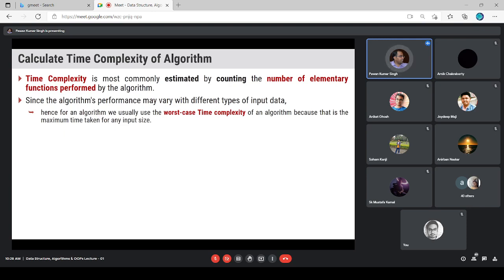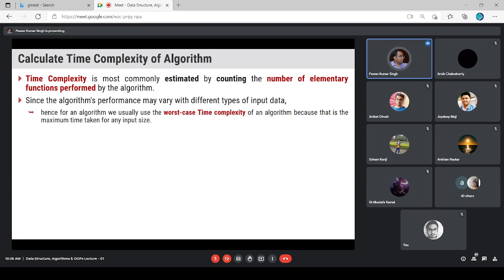What I want to say is, when you are designing an algorithm, suppose there is an array of 100 elements, and I want to search for a particular element, suppose 5, which is the last element, located at index 99.